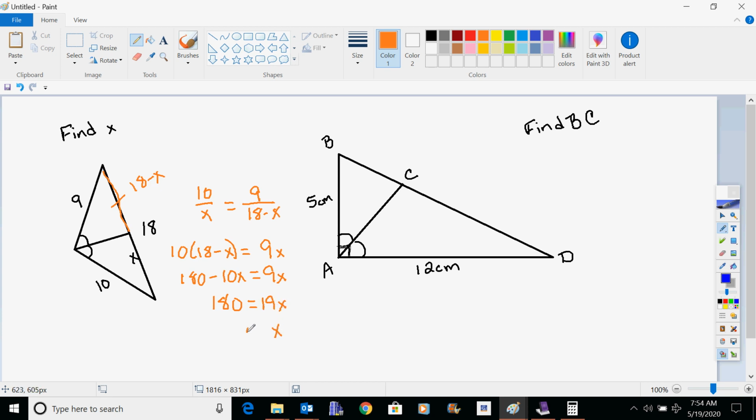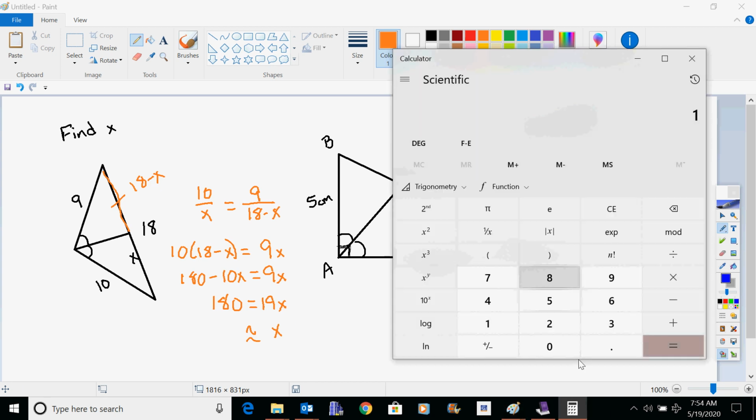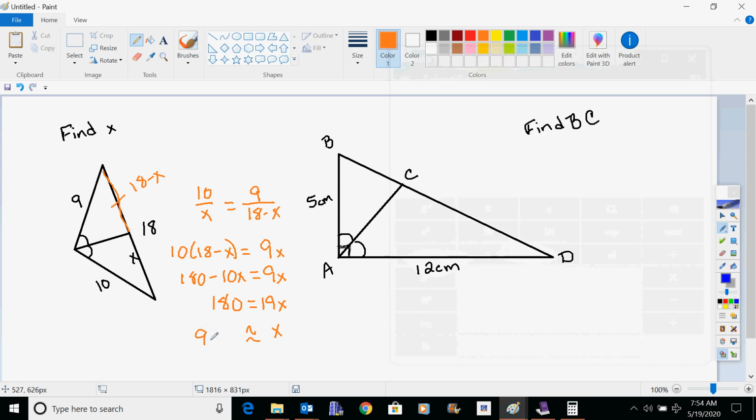So x is going to be about equal to 180 divided by 19. So about 9.47. So there's our answer there.